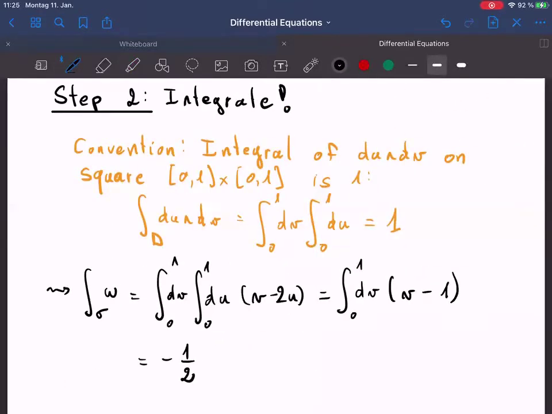That's just a caveat. I need to define my conventions, because du wedge dv is antisymmetric, so I have to define my convention for whether that integral is 0 or 1. Once that is done, I can easily evaluate the integral of omega over sigma. It just becomes a double integral in u and v, and you just do the integral and you're done.